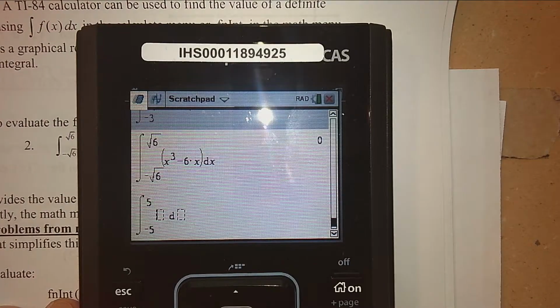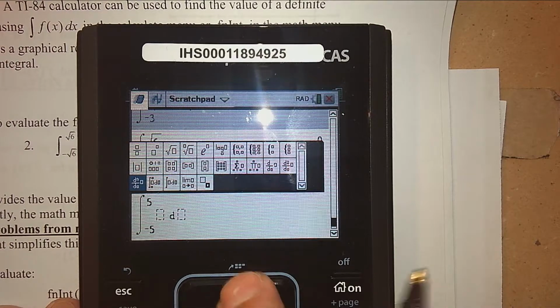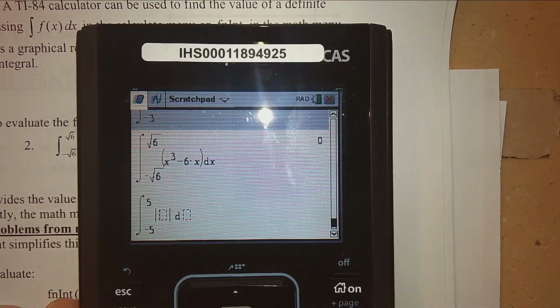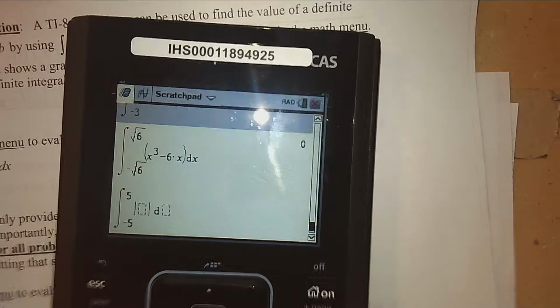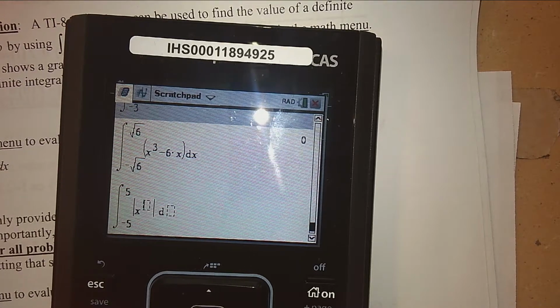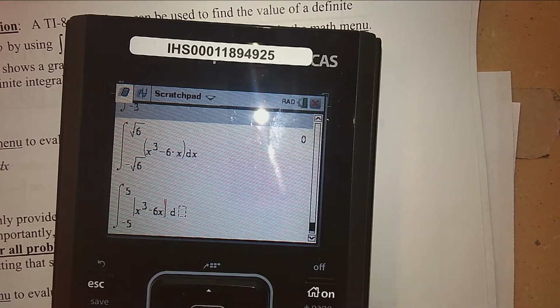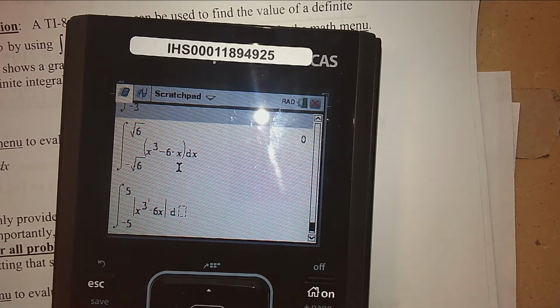We're going to press that same button, but this time we're going to go to the absolute value and press enter. And then I'm going to type in x cubed minus 6x. Oh, I pressed the wrong minus. I didn't mean the little negative sign. It's subtract. This is what I needed.